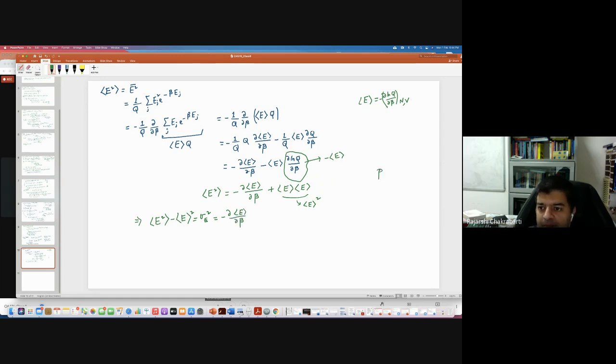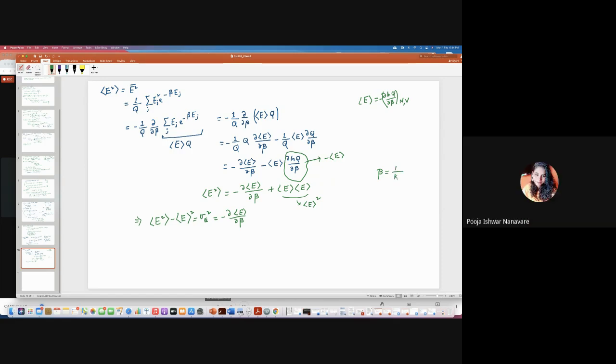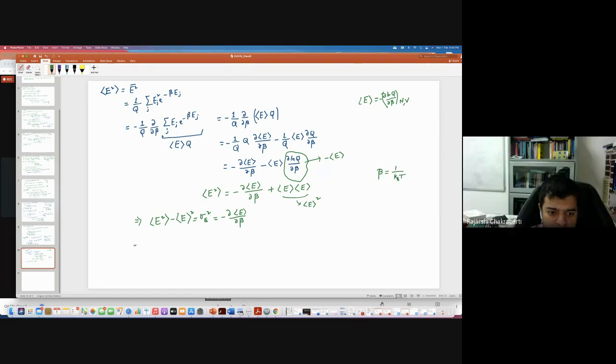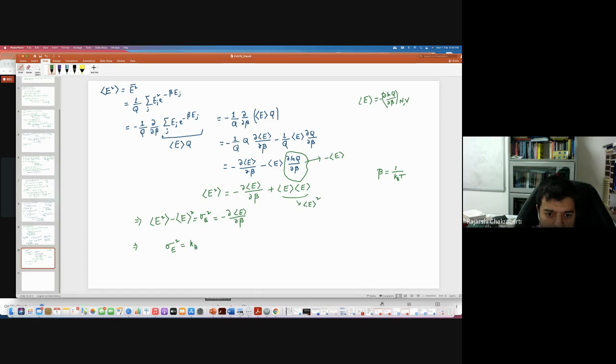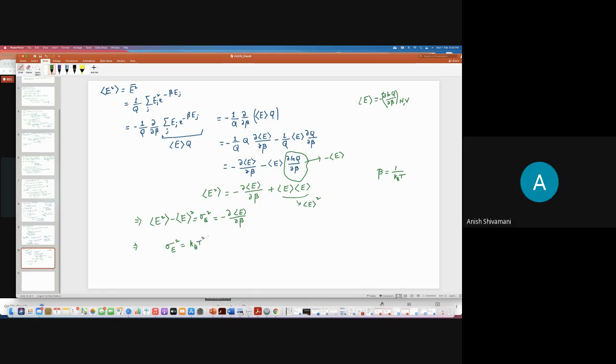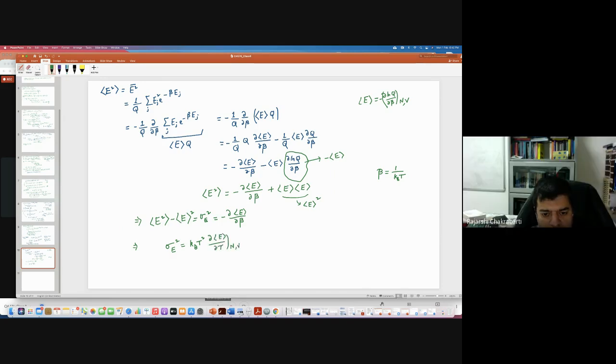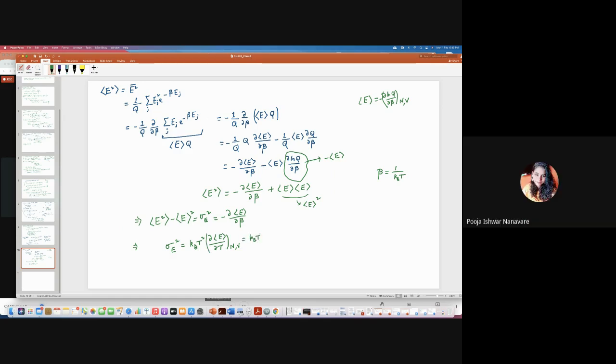Now what is beta? 1 over kBT. So sigma E square is equal to, del beta is what? This will be minus kBT square, and the minus is there, no? So minus plus, del E del T. Of course, now I'm writing N and V constant. So in other words, it is CV.